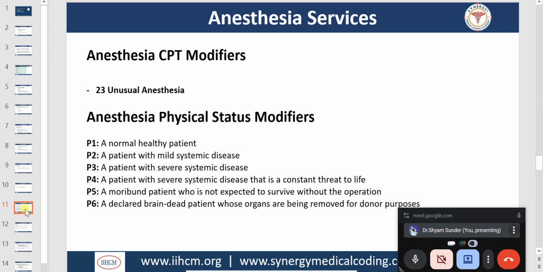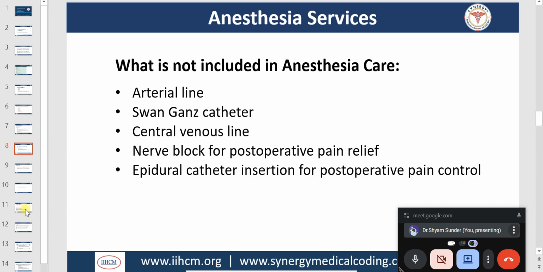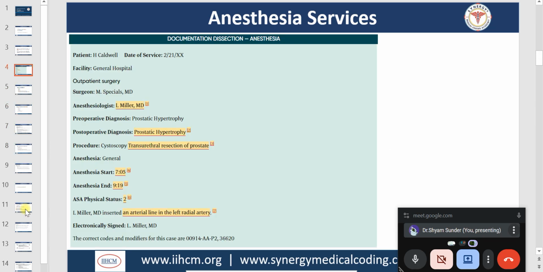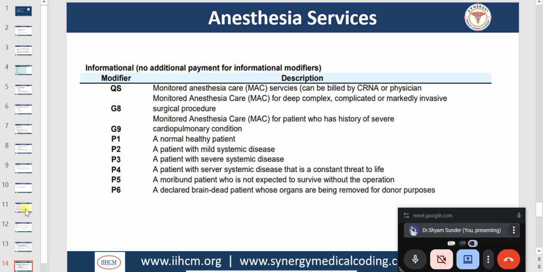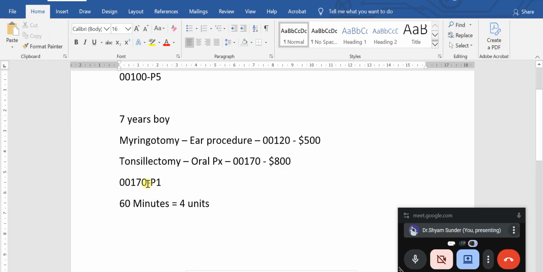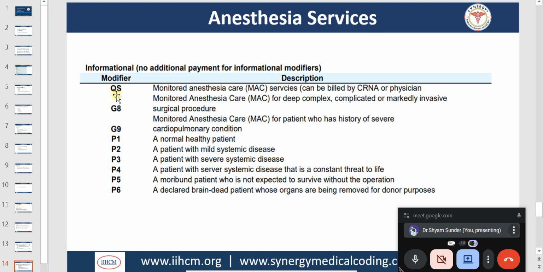If MAC is given, it is the same anesthesia code, but you have to give the QS modifier to these codes. 00170 with QS modifier, Z8, Z9. QS, Z8, Z9, these are all MAC, but the nature of surgery is a bit different. So there's deep complex surgery.